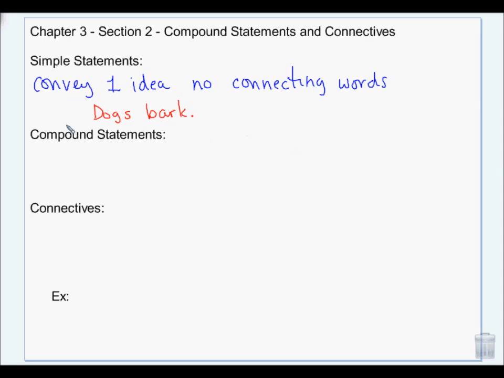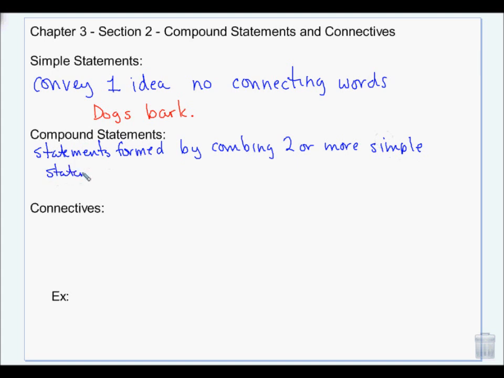Compound statements are statements formed by combining two or more simple statements. Okay. Dogs bark and cats meow. Right? Dogs bark is one simple statement. Cats meow is another simple statement, and I have combined them.